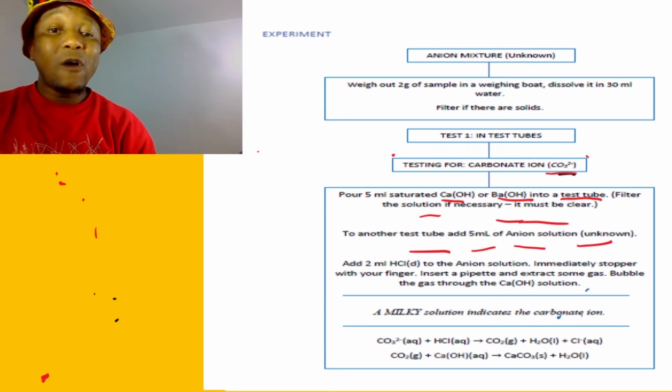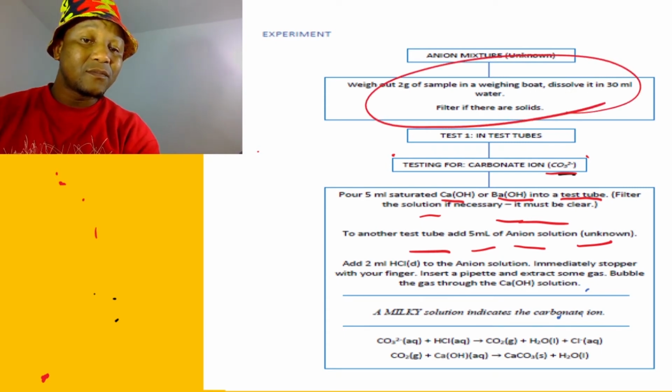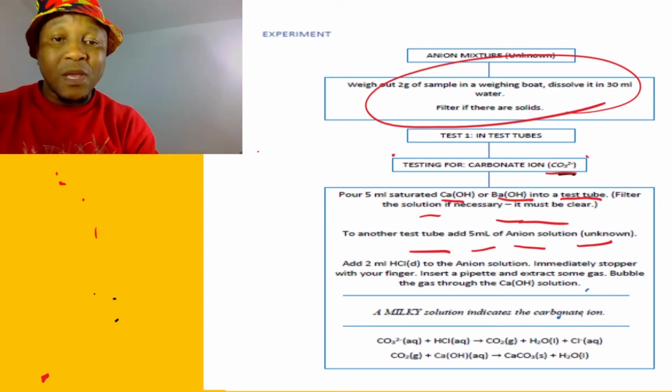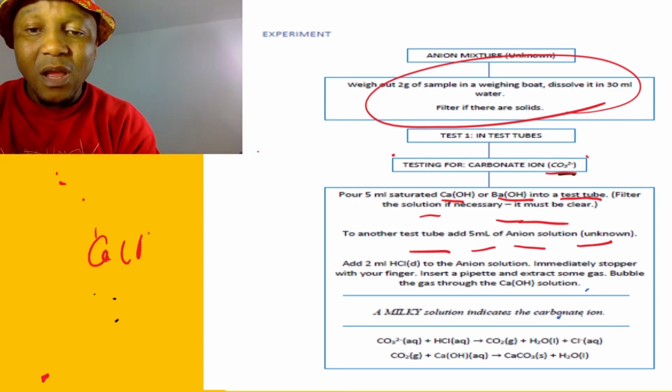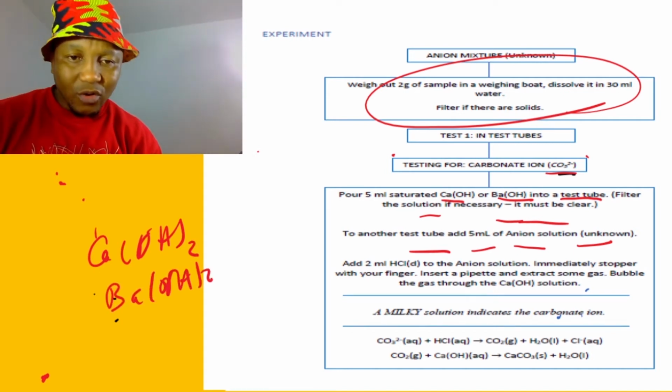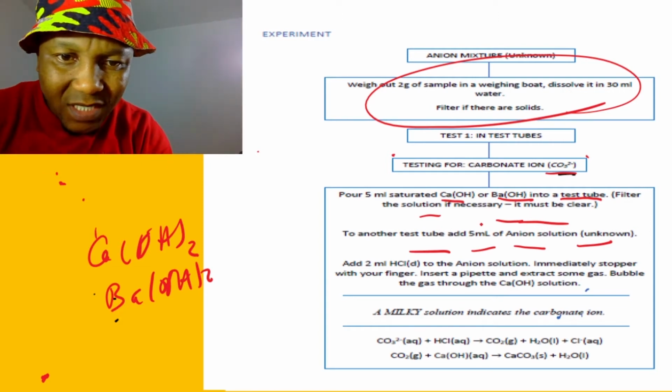Remember, you had this stuff here that you filtered very well, but we don't know which anions are there. The second one, we take calcium hydroxide, or you can take barium hydroxide, and then we say here, filter if necessary.